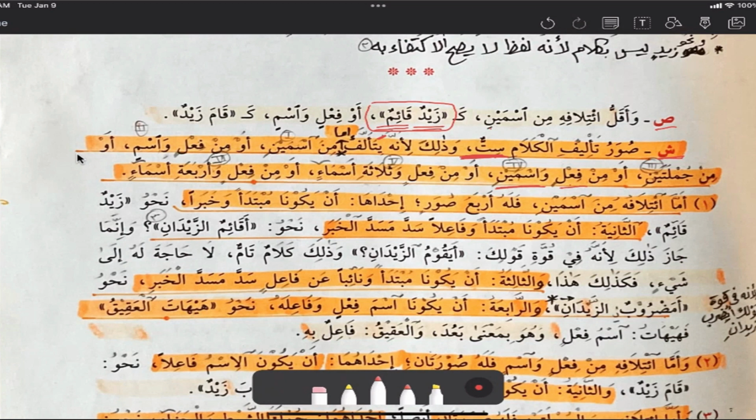The first of them is that those 2 nominals would be an initiated subject, a nominal subject, or a started subject, and an informing predicate. Mubtada means started. Khabar means news or information. Mubtada here means subject. Khabar means predicate. But not according to English standards, of course.